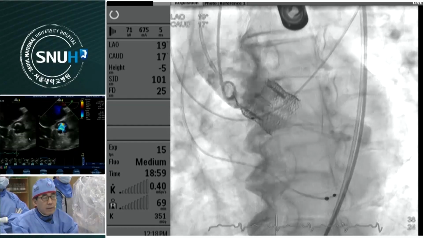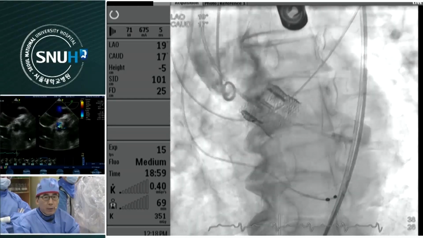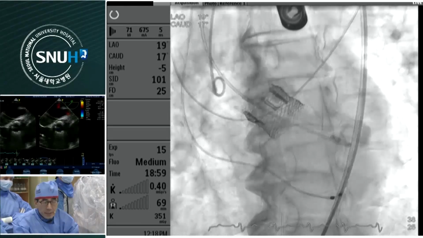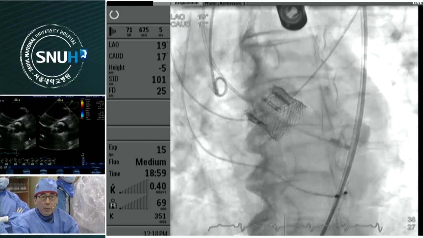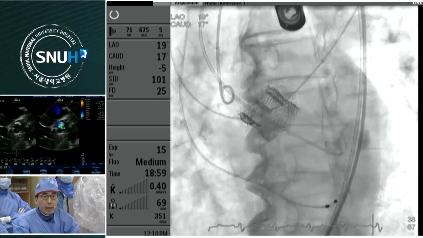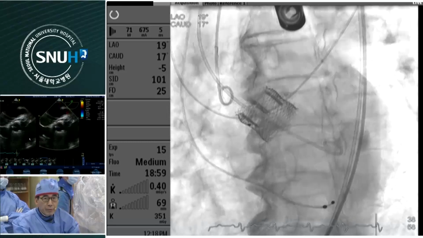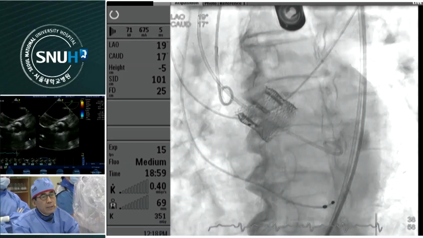Beautiful. That's a very important difference between LOTUS and SAPIEN 3. At Samsung Medical Center, we can see mild AR even though there is outside fabric on SAPIEN 3. But the outside fabric is different between SAPIEN 3 and LOTUS. In LOTUS, no regurgitation. T, please.